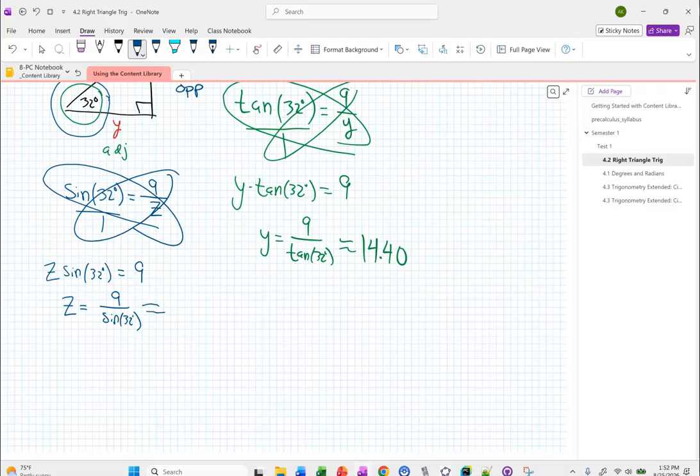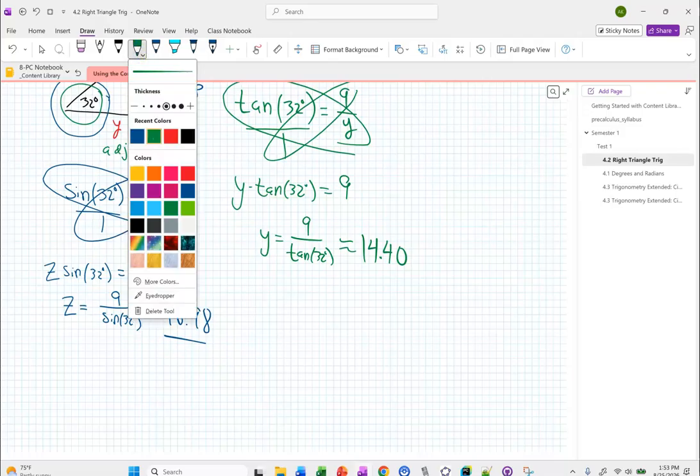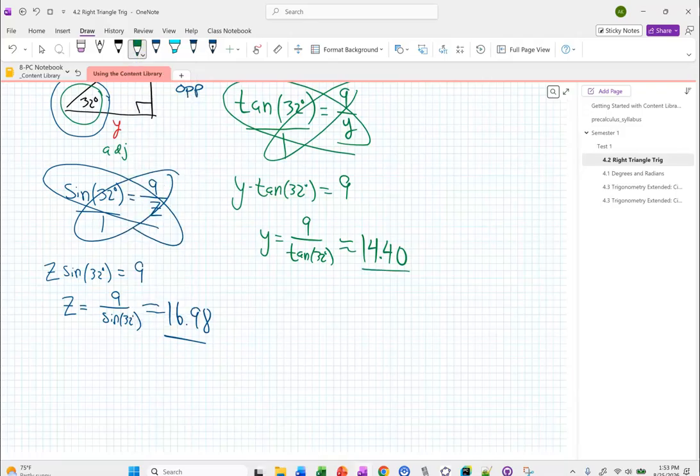And then it's calculator time. And I have 16.98. You guys feel okay? What have we done here?